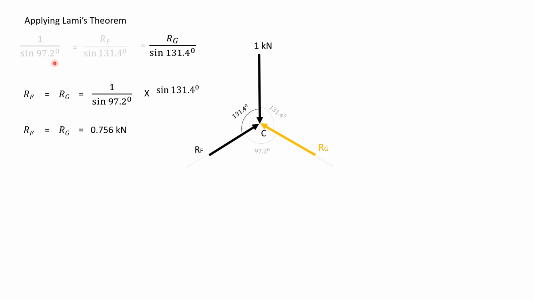Here sine 131.4 and sine 131.4 are the same, so RF equals RG equals 0.756 kilonewtons.